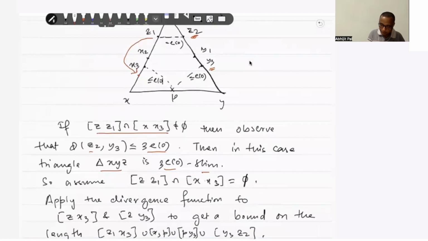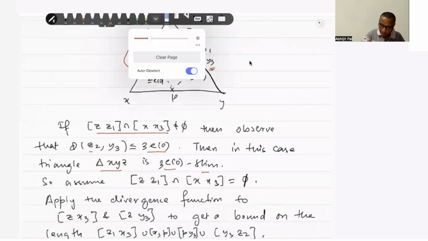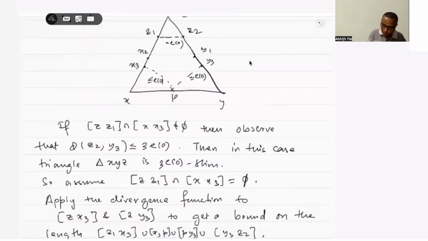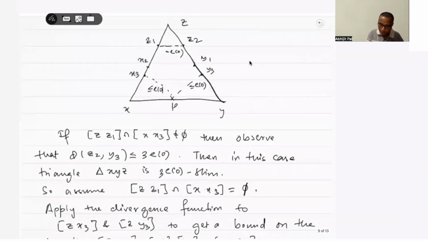And now let us assume that the intersection between these two geodesics is empty. So this intersection is empty, and we have this picture here.